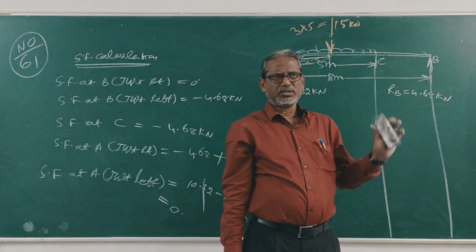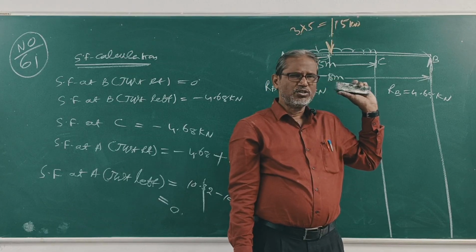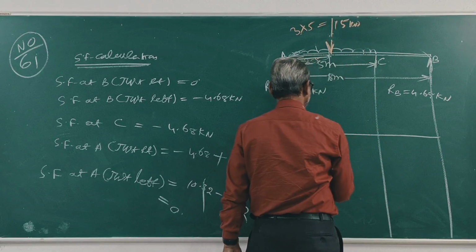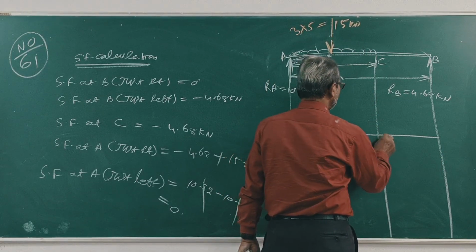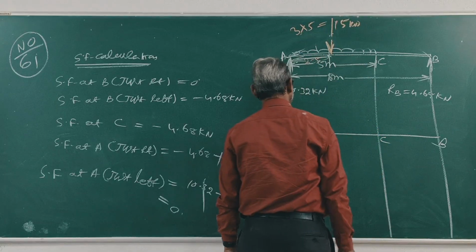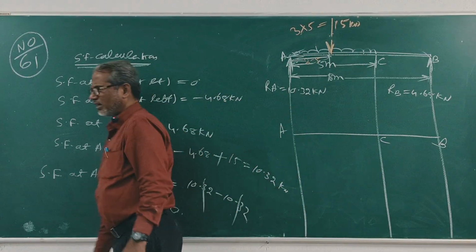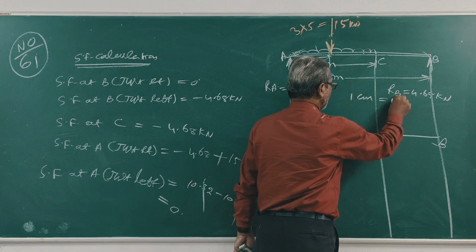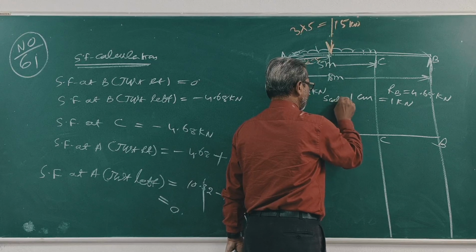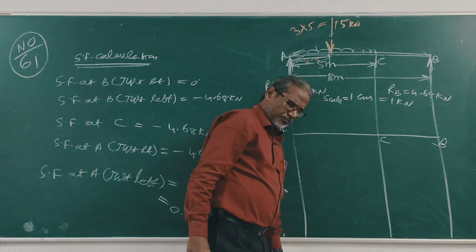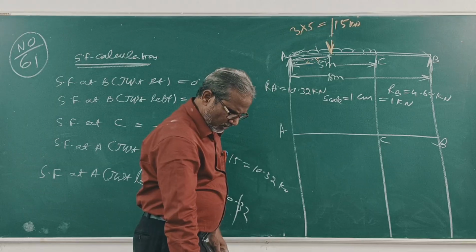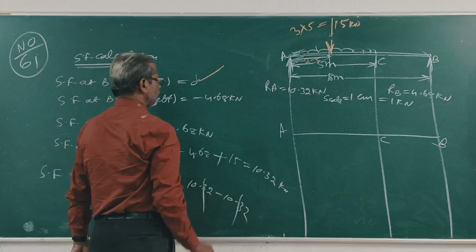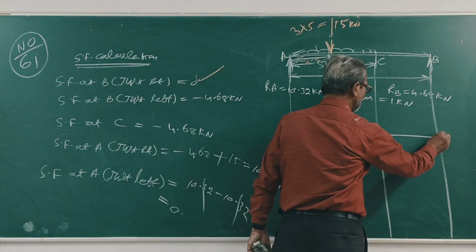This was the shear force calculation. Now we will draw the shear force diagram. A, C, B. Take scale 1:1, means 1 cm is equal to 1 kilonewton. Now shear force at B, just write 0.